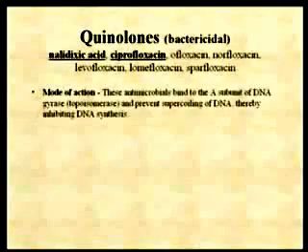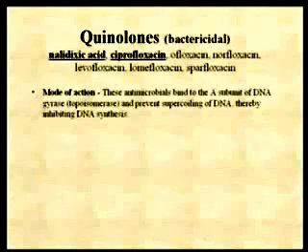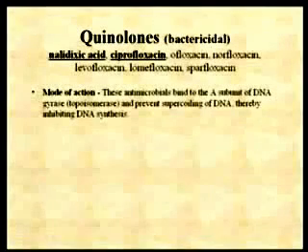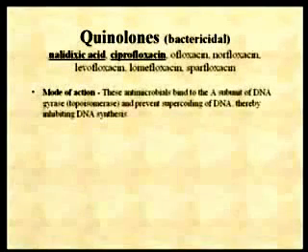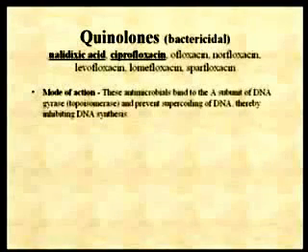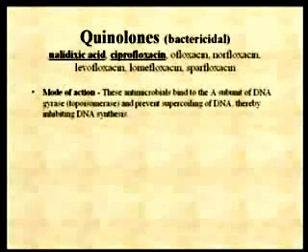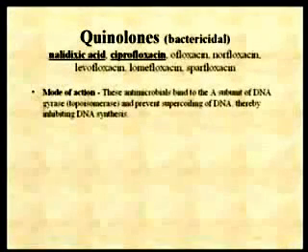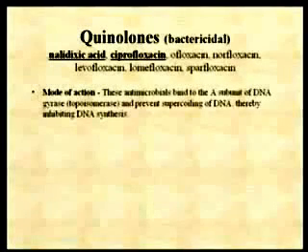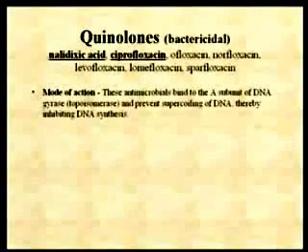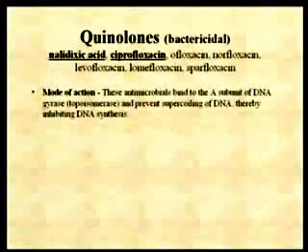What these antibiotics do is they bind to the A subunit of DNA gyrase. Now, DNA gyrase is a member of this class of enzymes called the topoisomerases. You'll remember back from your biochemistry, DNA is highly supercoiled. In order to replicate that DNA, you've got to release those supercoils, replicate the DNA, and then introduce those supercoils back into the DNA so that it is packaged properly.